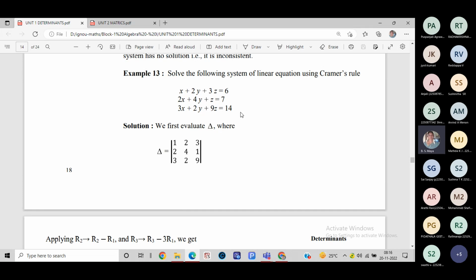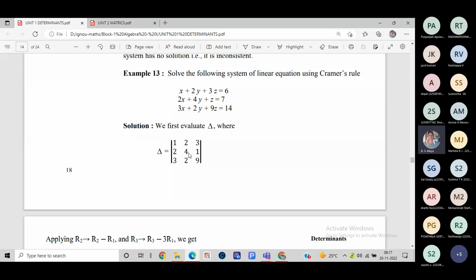Replacing 6, 7, 14 in the first column, second column or third column? First column. Very good. These 1, 2, 3 will be replaced by 6, 7, 14. What about the last two columns? Same as it is. Don't replace.